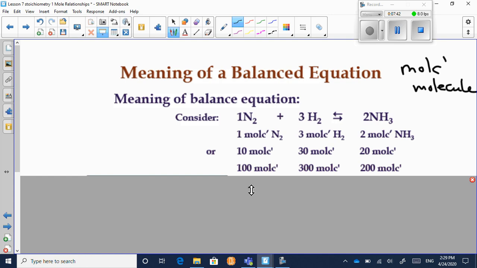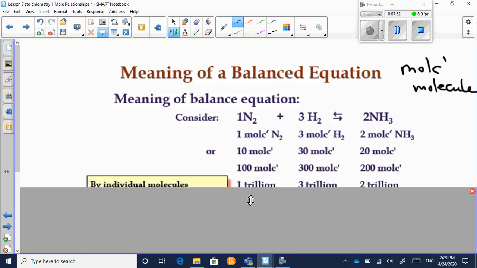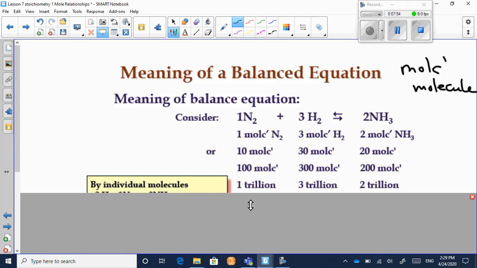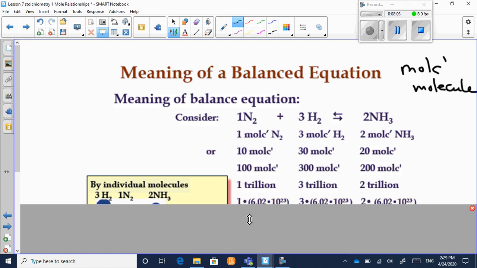You could have 100 molecules of N2 and then 300 molecules of H2 to make 200 molecules of NH3. Okay, we're going to go even bigger now. 1 trillion molecules of N2, you'd need 3 trillion molecules of H2 to make 2 trillion molecules. It's all about counts. Okay?